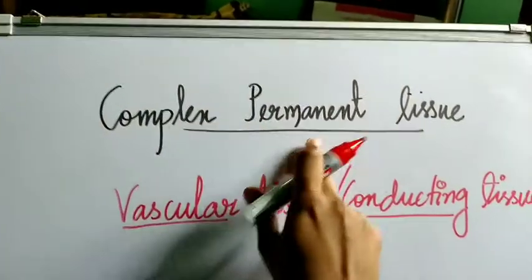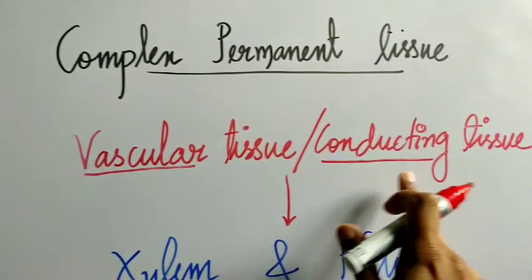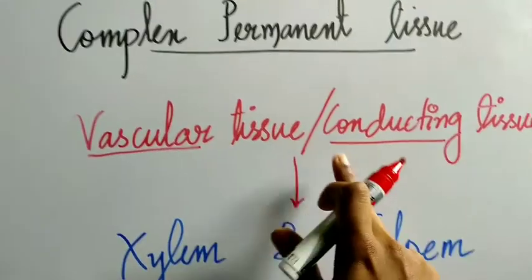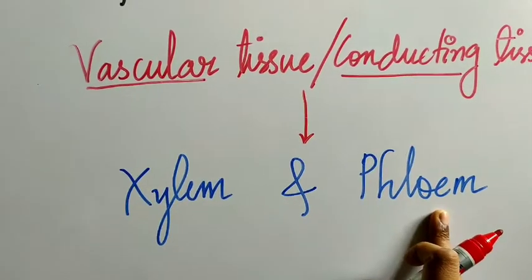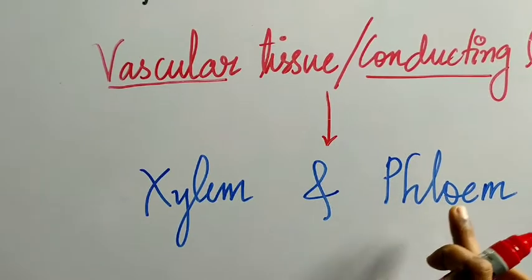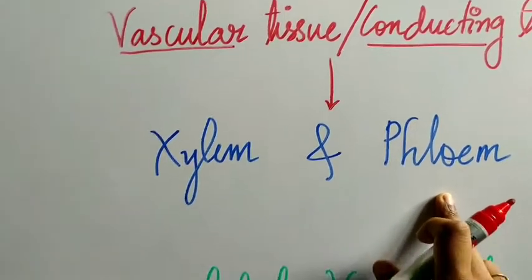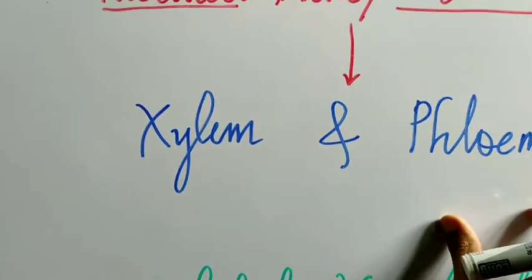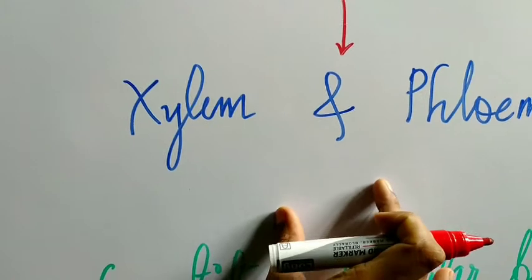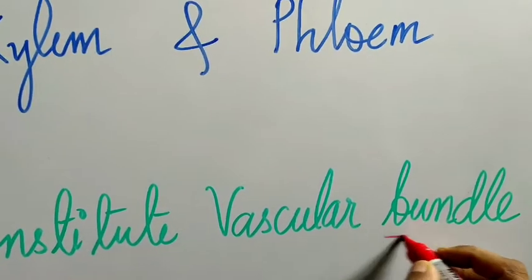The complex permanent tissue found in plants are vascular tissue, also known as conducting tissue. They are nothing but xylem and phloem. The function of xylem and phloem is transportation of food, water and minerals within the plant. They can be present separately, but when they are present together, they are called a vascular bundle.